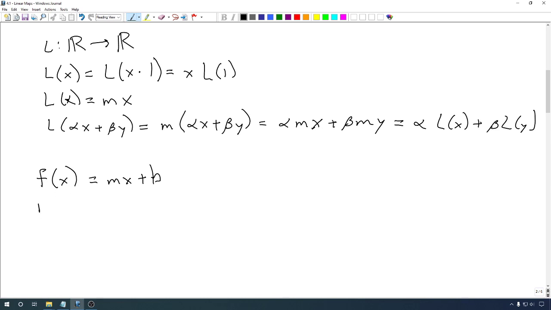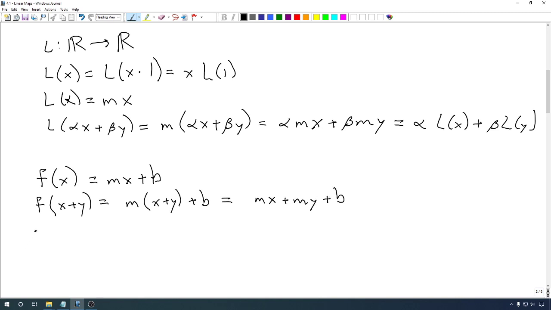So if we tried to say, let's just take x plus y in here and see what happens, we'll have m times x plus y, then plus b, which we can go ahead and expand this out to mx plus my plus b.